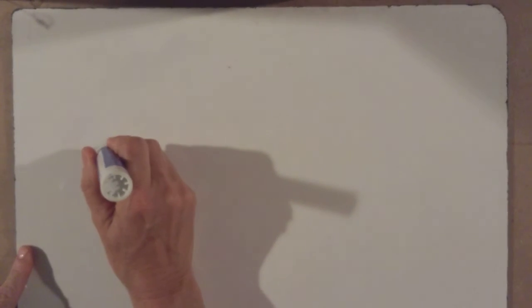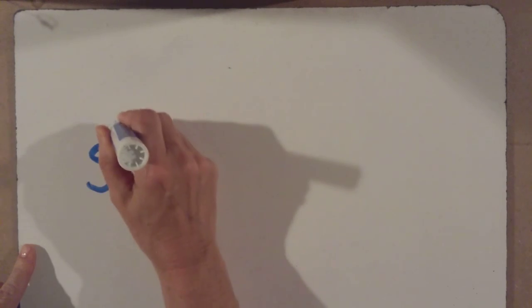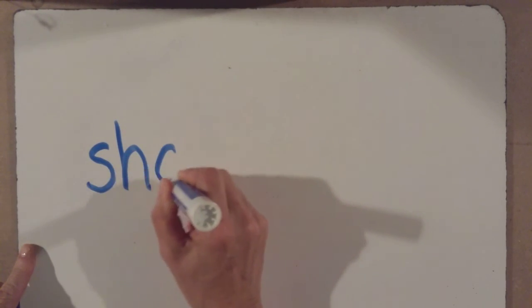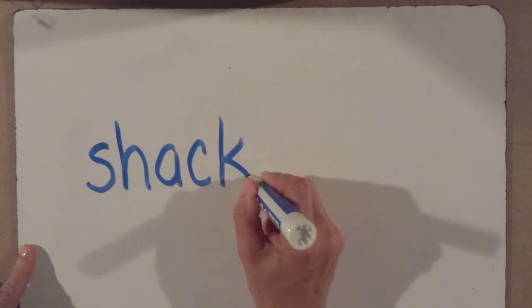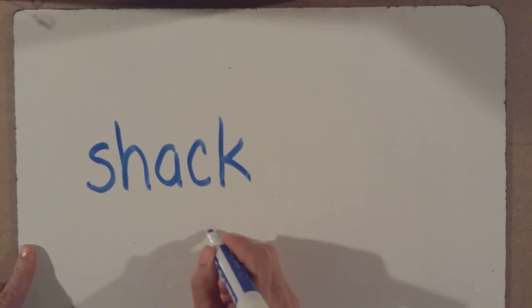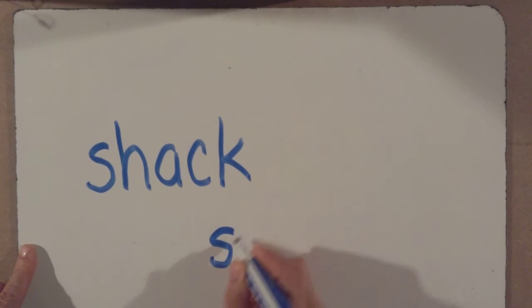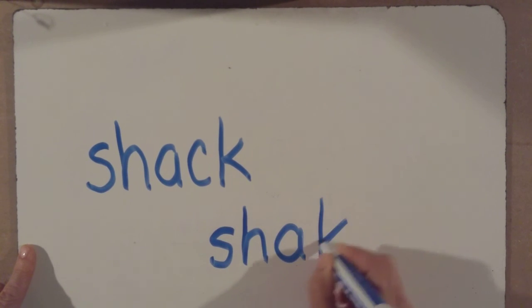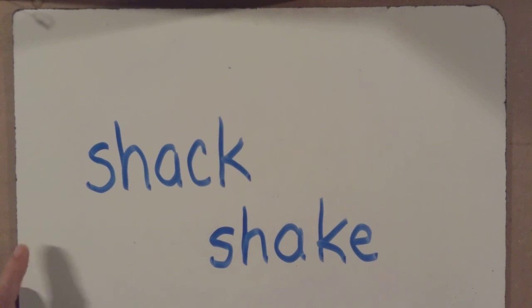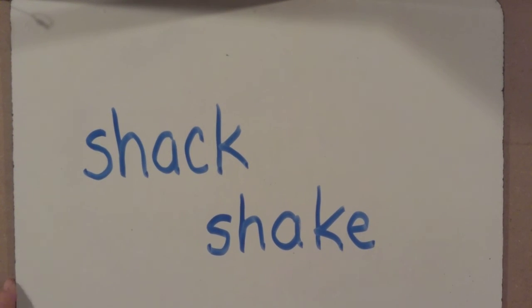Okay, and let's write some words. On Friday, we started working with the E syllable that opens the door. So I wanted us to take a minute and look at two words. You can write them if you like, or you can just watch for a minute.